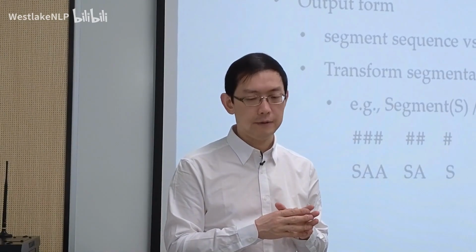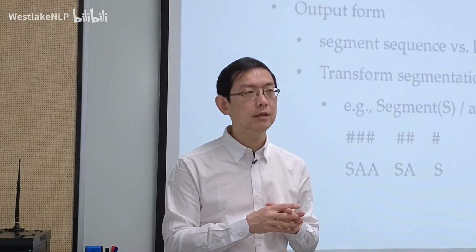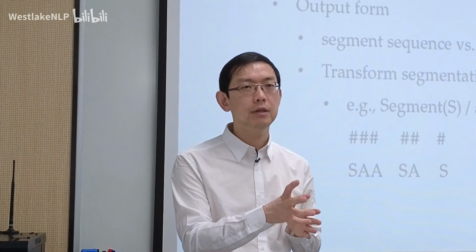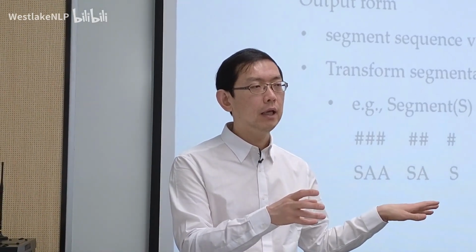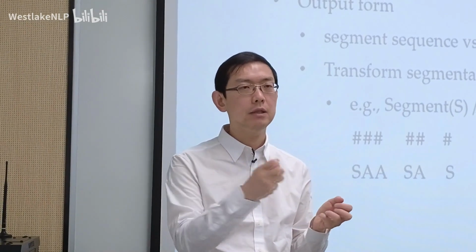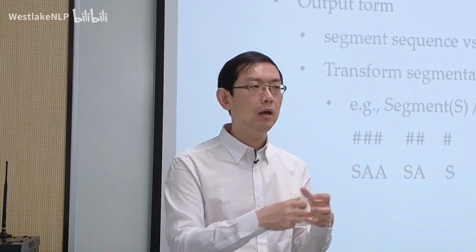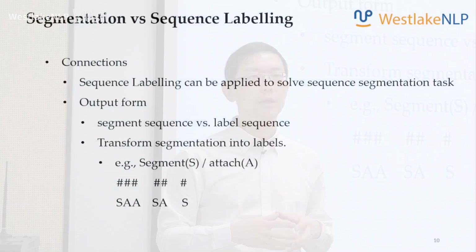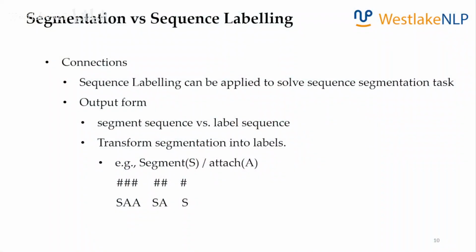So if this is the case, and if we use S to denote, we separate the current token from the previous one, and A to denote that we attach the current token to the previous one, the label sequence can be SAA for the first segment, SA for the second segment, and S for the last segment. And therefore, we turned the segmentation problem into a sequence labeling problem. We can use sequence labelers, models we learned in Chapter 7, Chapter 8 to solve the problem.